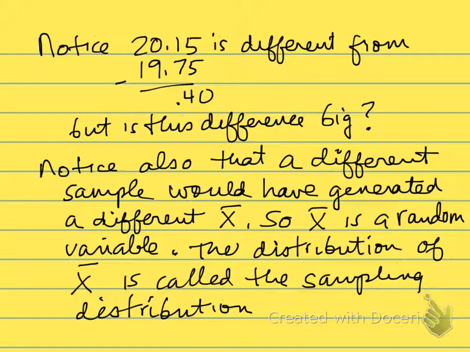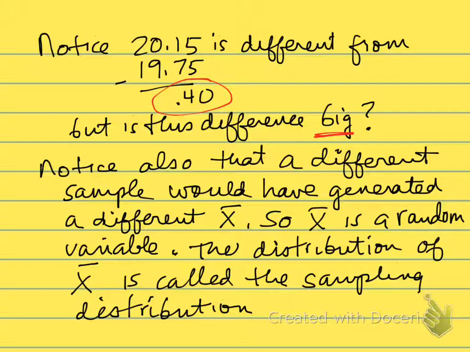Now, 20.15 is, of course, as I mentioned, different from 19.75, and the difference is 0.4. And what we don't know is whether this difference is big or not. Is it big enough that we should change our null hypothesis, revise our prior idea about the average age of Santa Clara University students, or is 0.40 small?